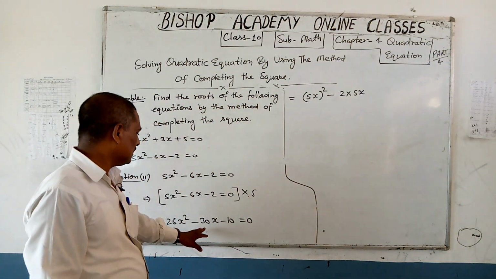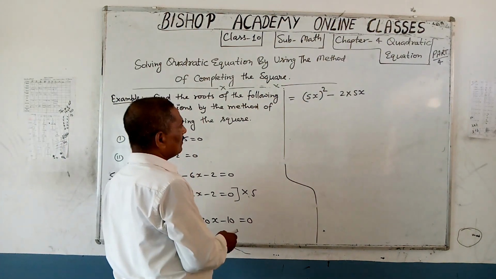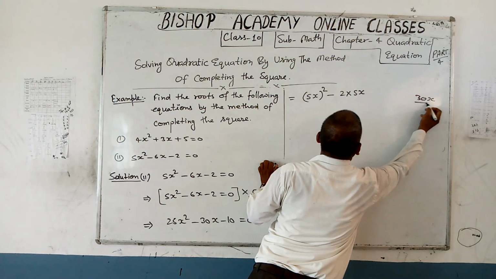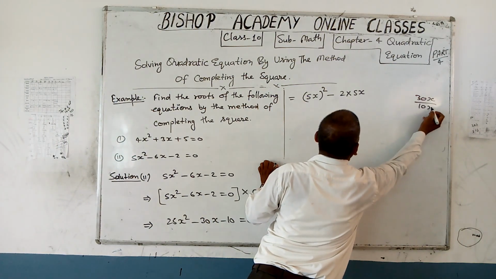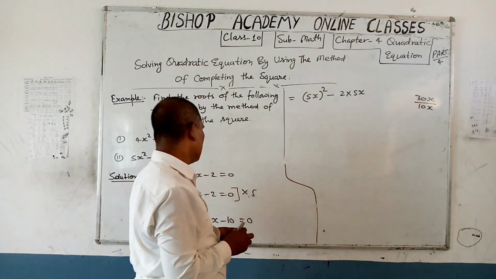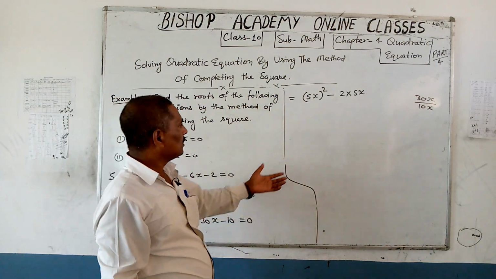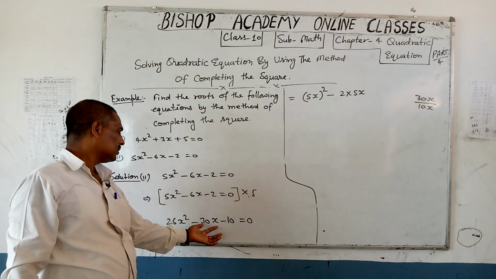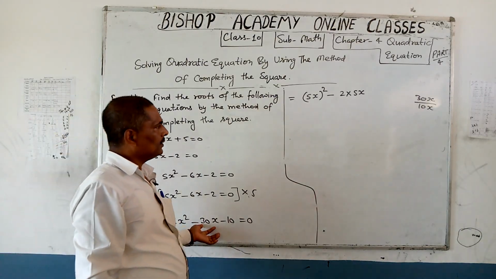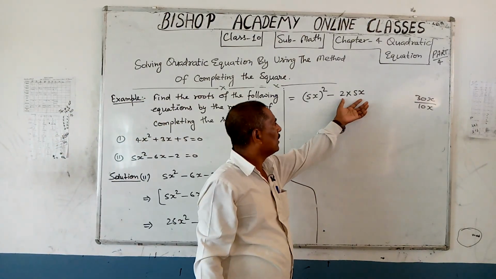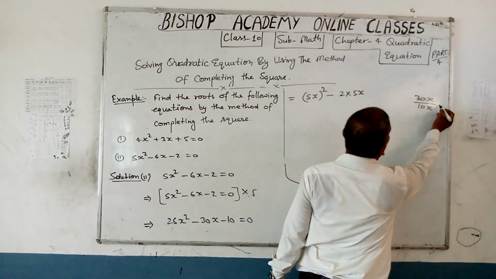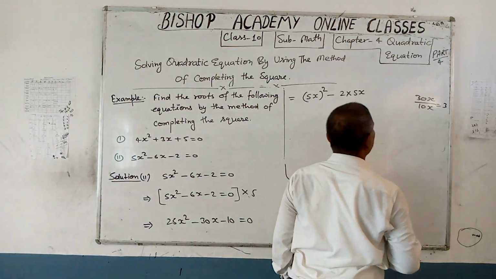So you will divide this 30x by the product of 2 and 5x, which is 10x, and your result is what? 3.